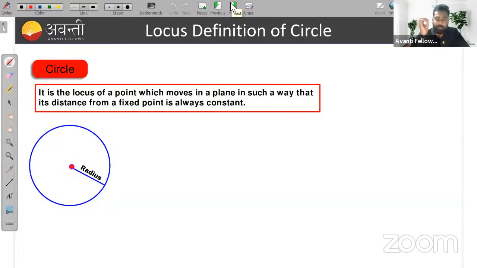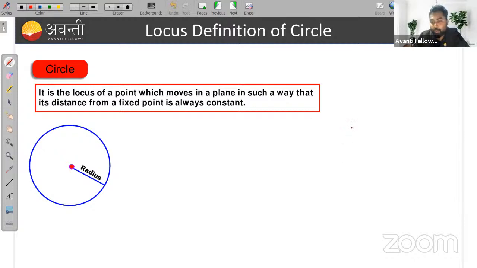So what is that actually? Locus means it's a fixed path. It is the locus of a point which moves in a plane in such a way that its distance from a fixed point is always constant.